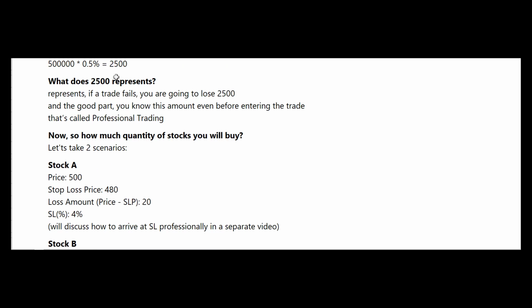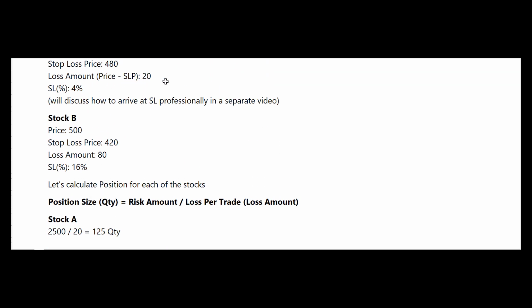So in case of stock A, the risk amount was 2500, and the stop loss amount was 20 rupees. So we divide the risk amount by the stop loss, and it is equal to 125.3. And in case of stock B, it will be 2500 divided by 80.